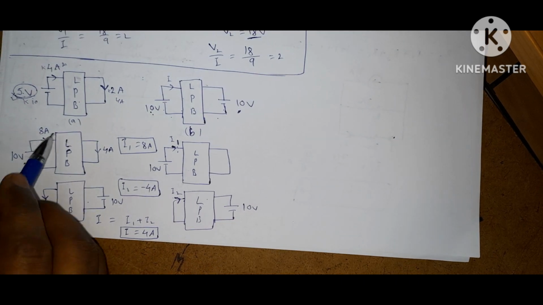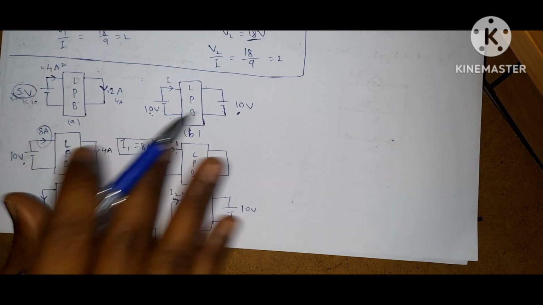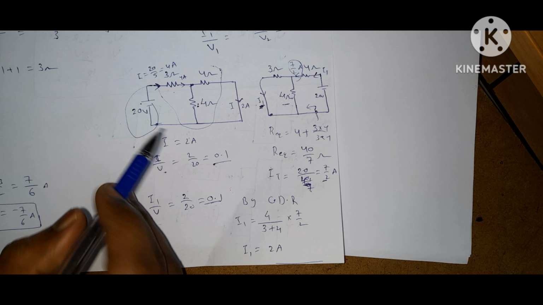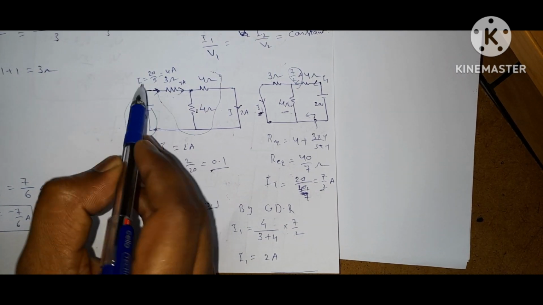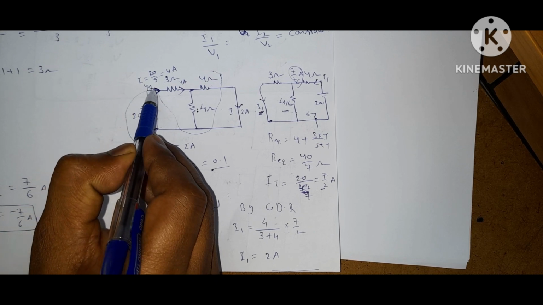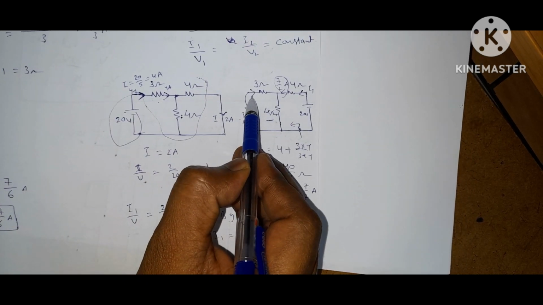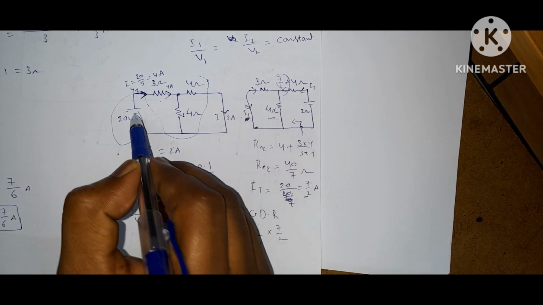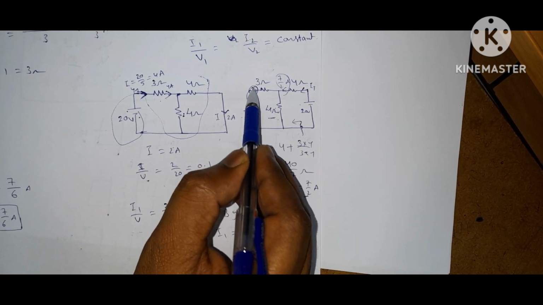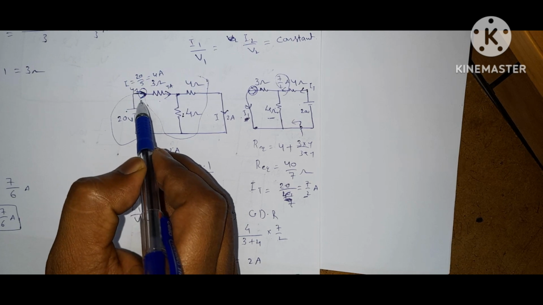You may have a doubt here: where is the 18 amps? If you observe the previous circuits, here the response is 4 amps, entering the network. But here, the current is leaving, because if we change the source from input to output, the response changes.